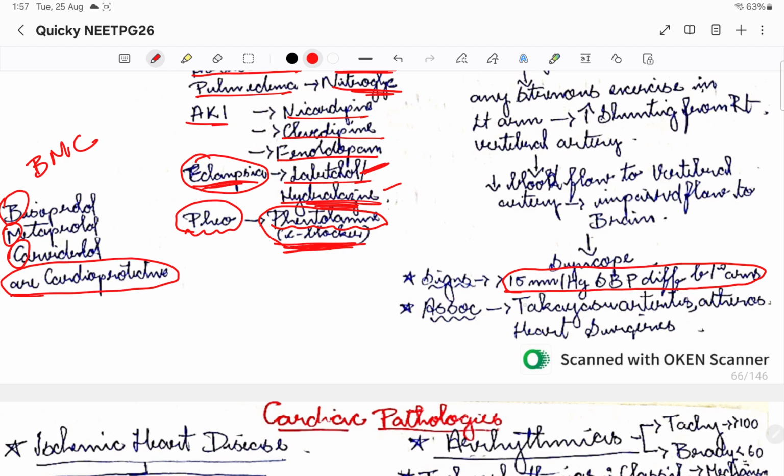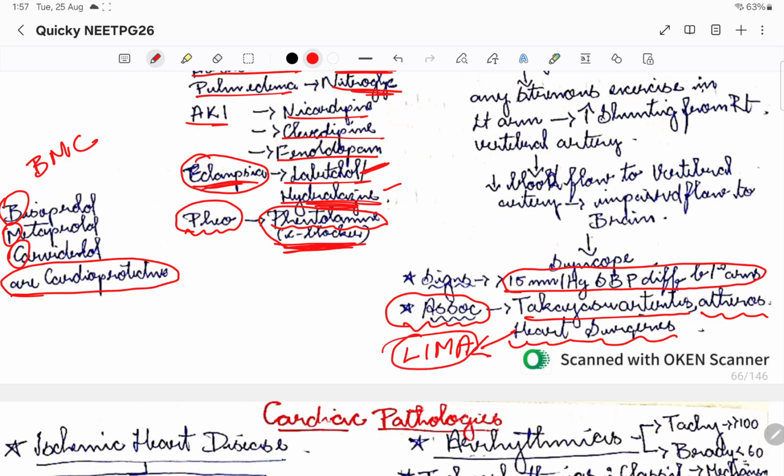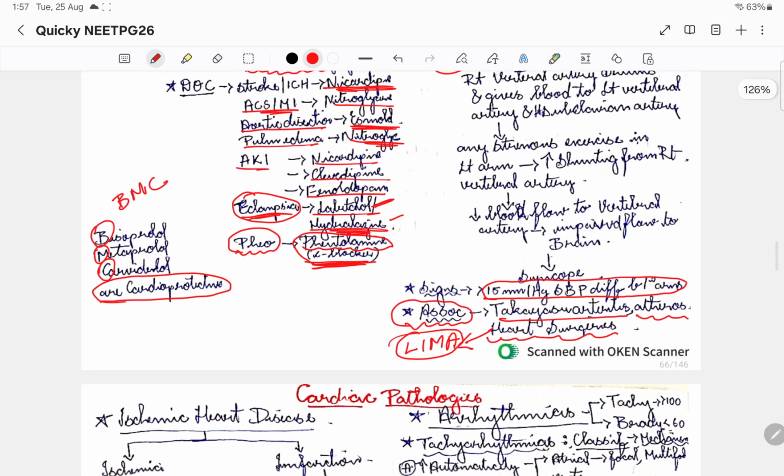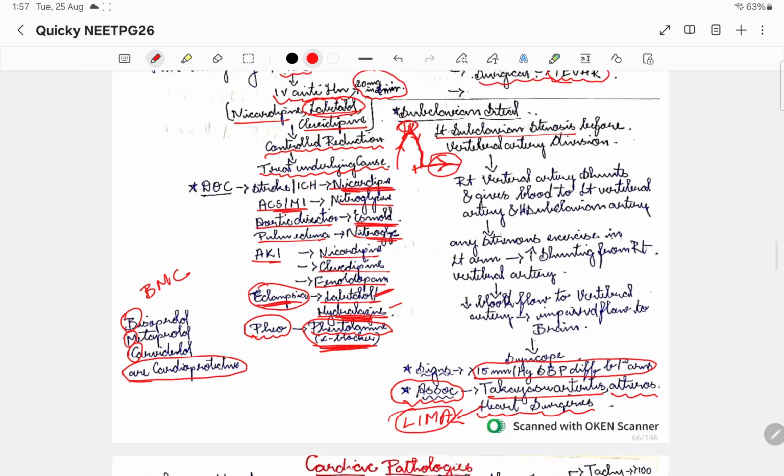Associated problems: Takayasu arteritis might lead to subclavian steal syndrome, and atherosclerosis can also cause this. Also heart surgeries, mainly the newer ones using the LIMA, the left internal mammary artery, might lead to subclavian steal syndrome.